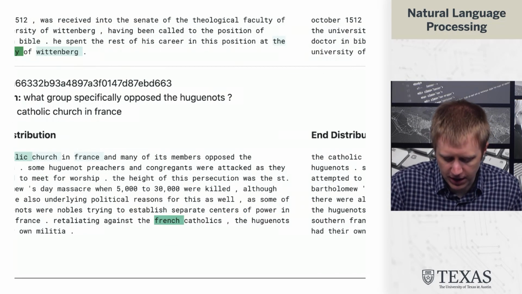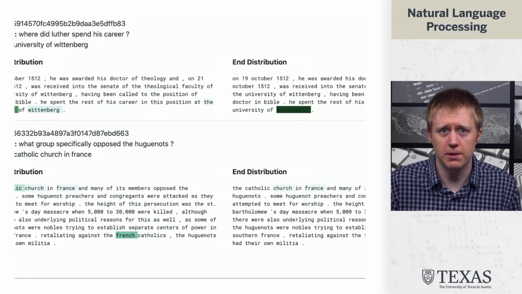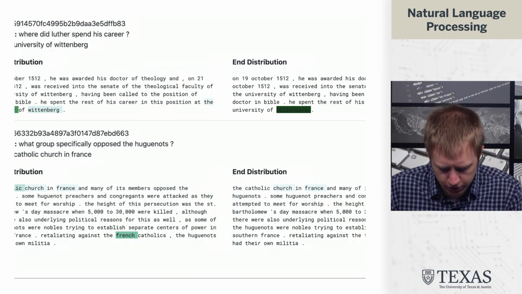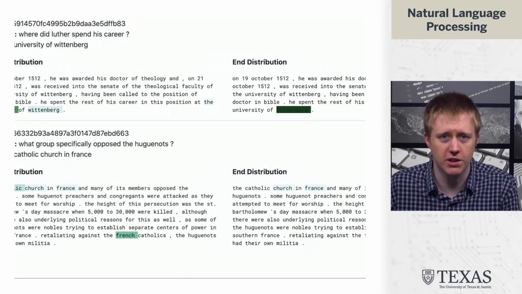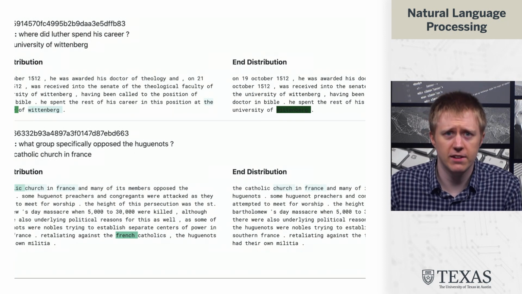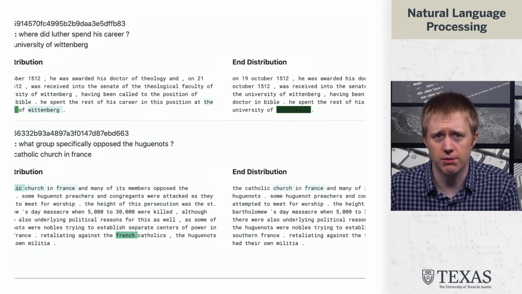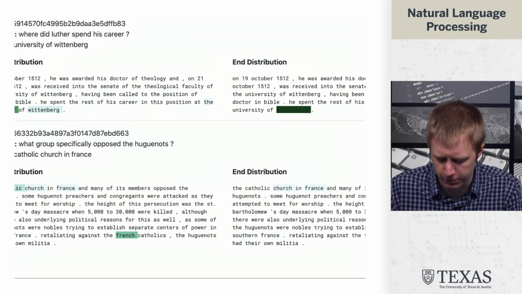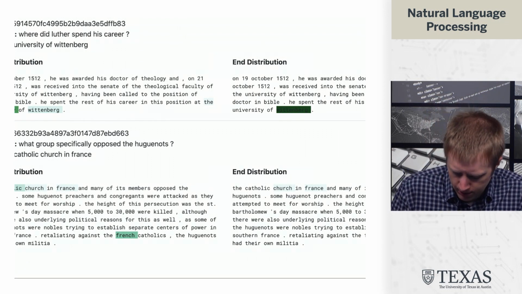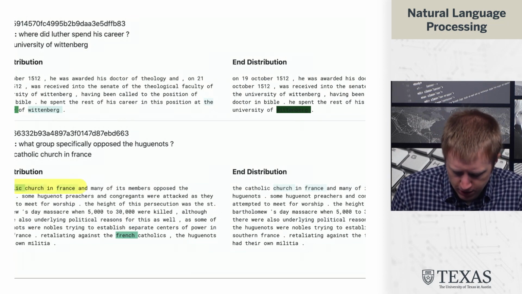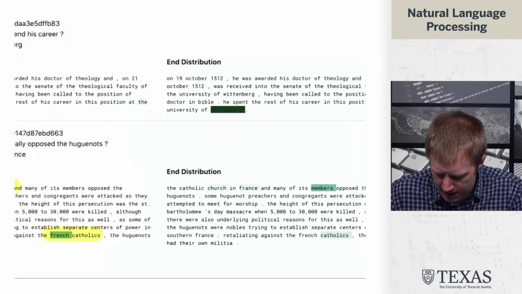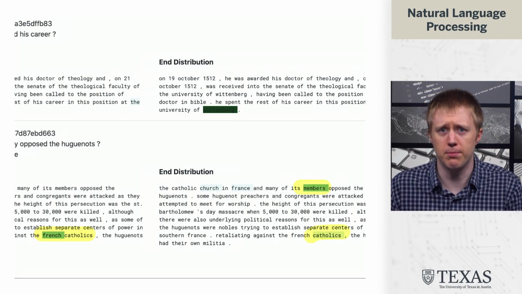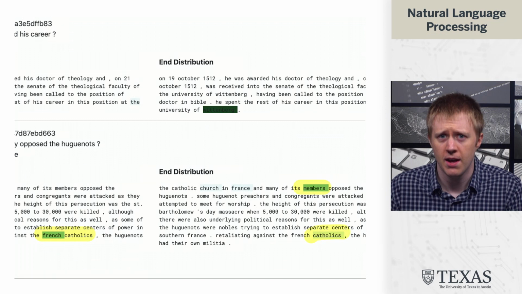And then just a final example: what group specifically opposed the Huguenots, the Catholic Church in France? This is a little bit of a trickier question because the answer is an organization rather than just a location or a person, and that might be harder for the model to find. So you see a flatter distribution over Catholic Church in France, French Catholics, and then the end distribution looks at both members and Catholics here.